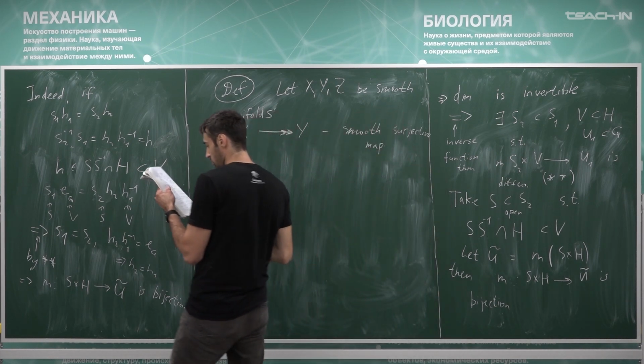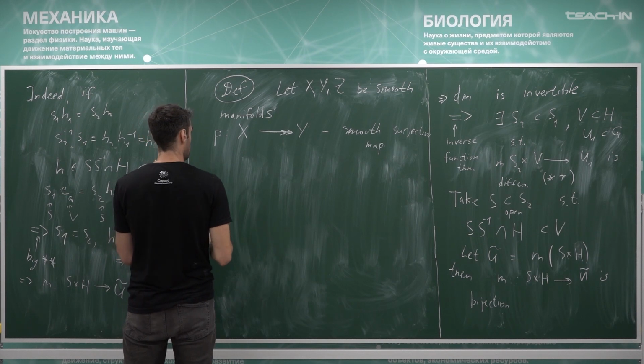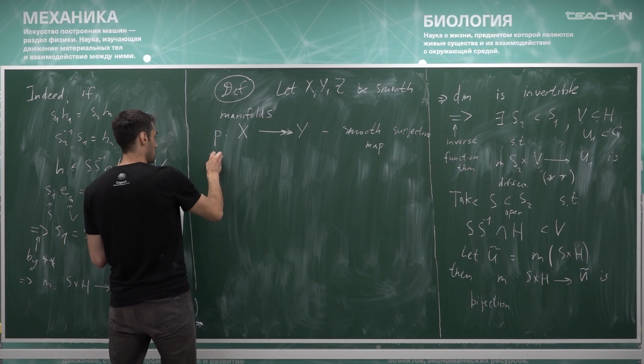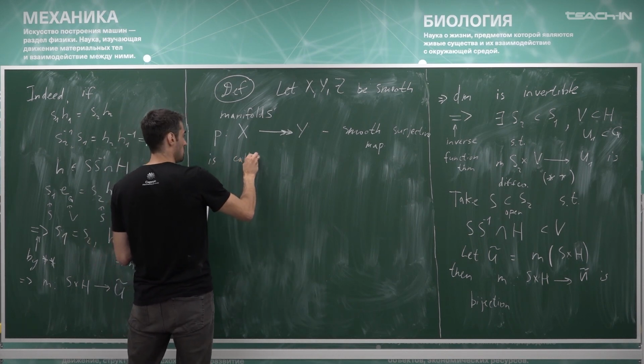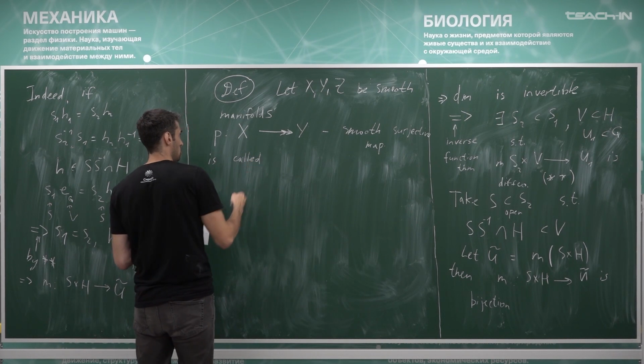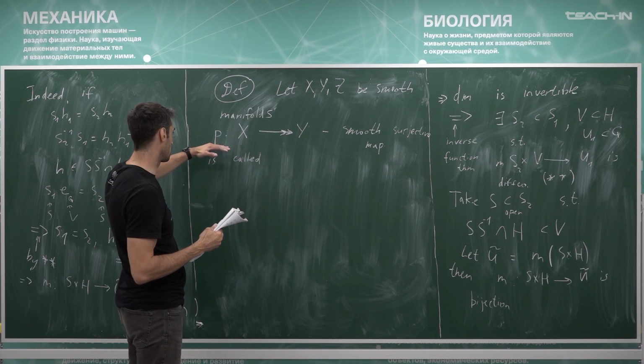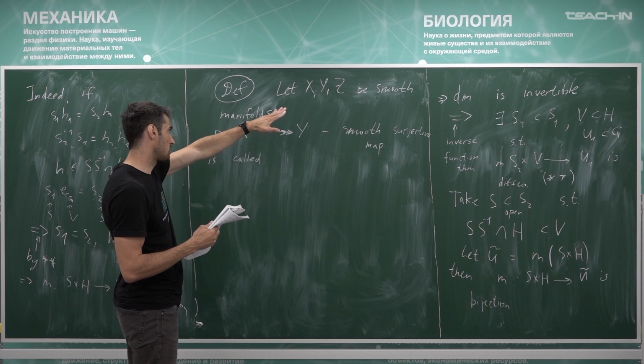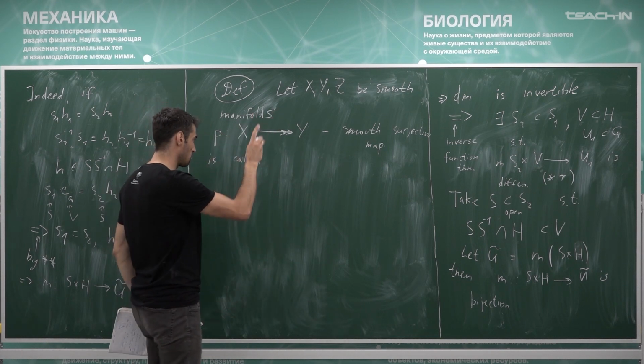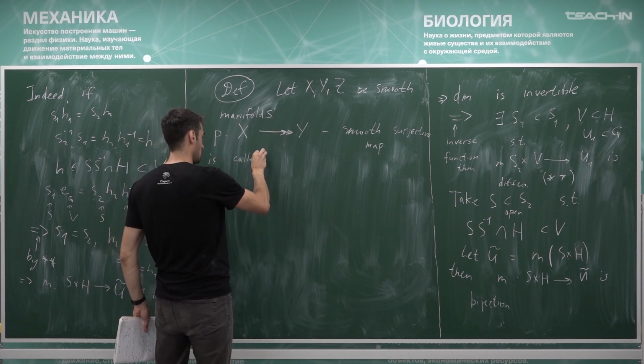Then P is called a fiber bundle. Actually, the fiber bundle is X together with all this data: P, the projection, and Z, which is about to appear.